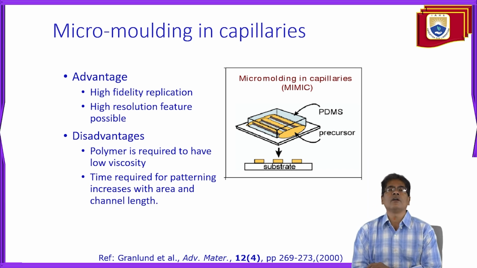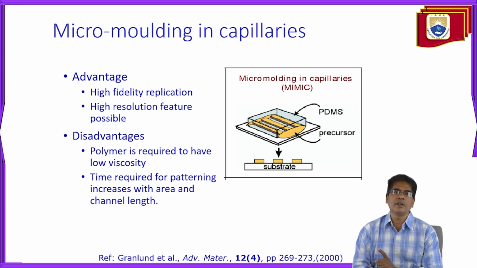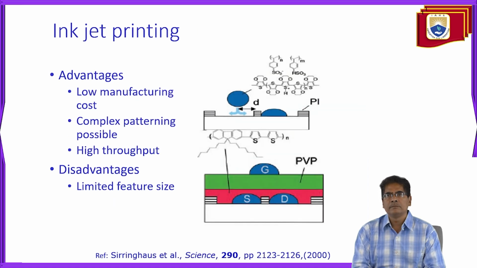We have certain advantages: high fidelity replication, high resolution features possible. Disadvantages: polymer is required to have low viscosity, time required for patterning increases with area and channel length. That is what we call MIMIC. So this is PDMS, a polymer, and we have the precursor, and polymer is deposited on the substrate.